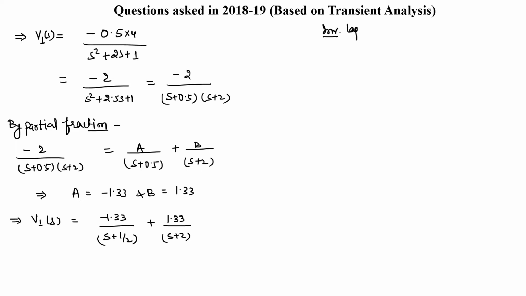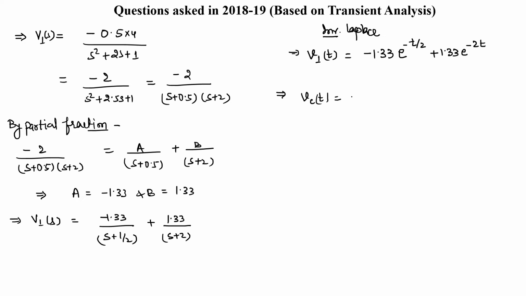inverse Laplace, we will get V1t equals minus 1.33 e raised to the power minus t by 2 plus 1.33 e raised to the power minus 2t, and this one is VCT, the desired value.